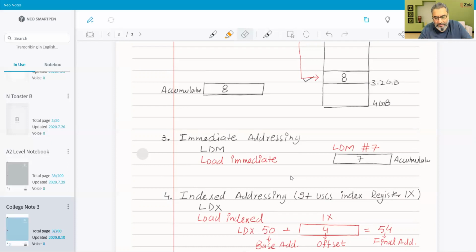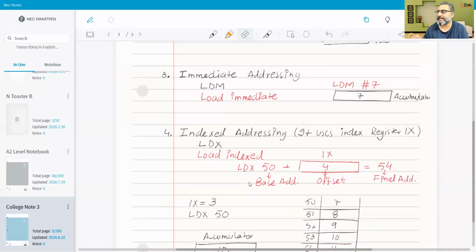So if you have a value that you want to save in the accumulator, all you have to do is write that value and put a hash sign there. But the command is LDM. LDM means load immediate. LDM 7 means load 7 to the accumulator. That is very simple. There is no memory address involved.